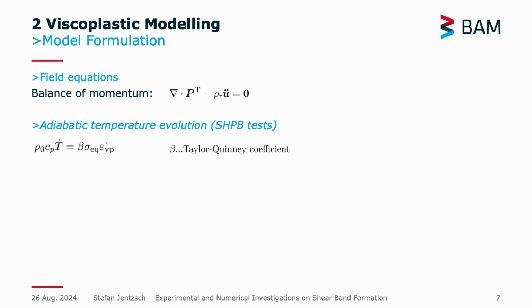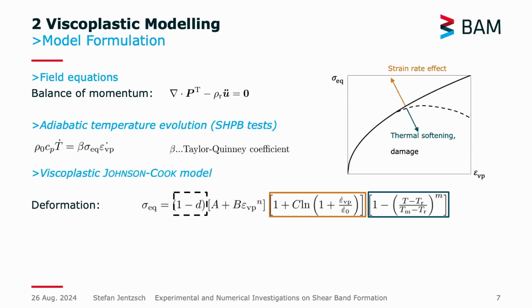Here I want to emphasize the adiabatic temperature evolution, which is modeled without the heat diffusion term in the heat equation, with the Taylor-Quinney equation. For the deformation description, we use the Johnson-Cook model, where all the terms which are multiplicatively combined belong to different physical aspects.